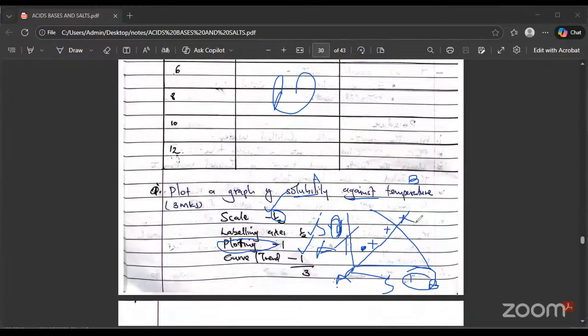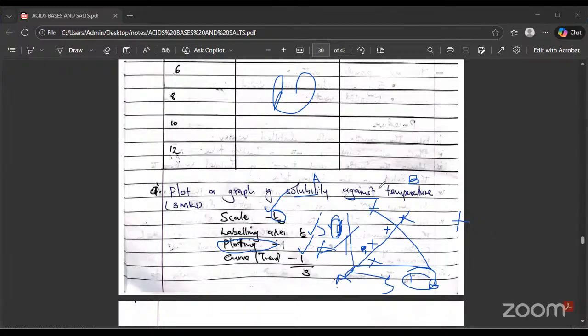And please, in a graph, don't force the values. If what you got when you were doing the experiment comes this way and another one is here, don't force it to be a straight line or to come closer here. No, just plot it correctly. If it comes here, even if another one is over there, just put it. I'll give you the mark, because plotting the correct values is better than manipulating the values.